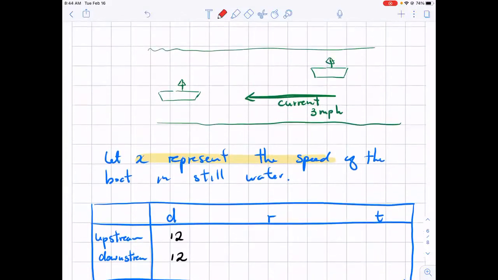Because if I'm going upstream, upstream will be here, and here will be downstream. Your boat will move faster downstream.